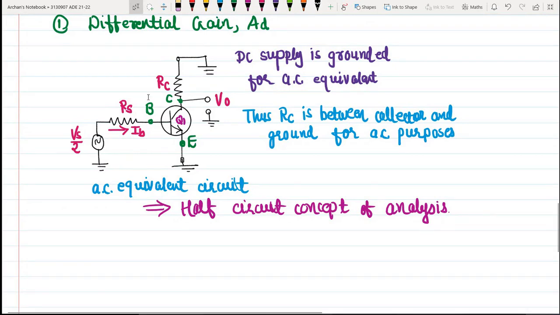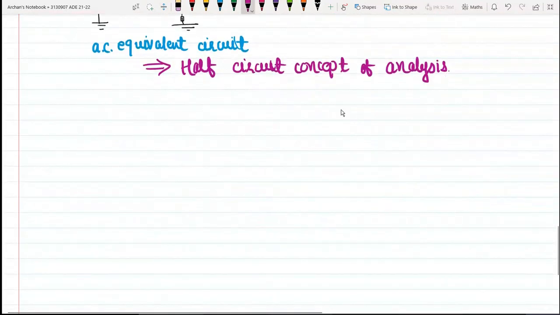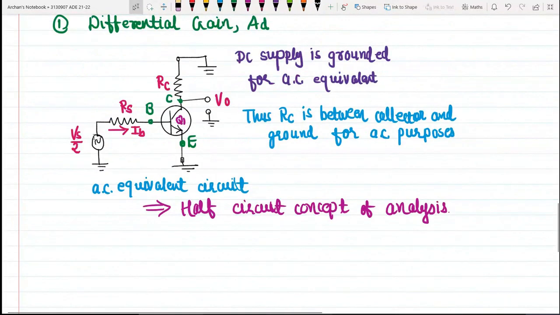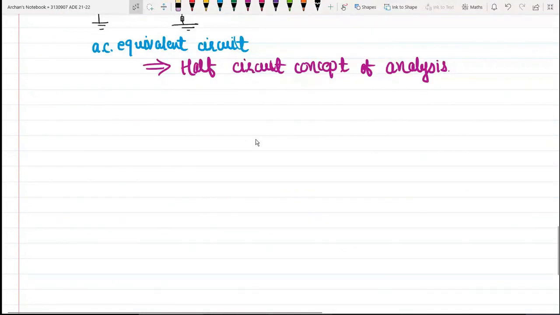So I am rearranging the things available in this circuit and replacing the parameters with hybrid parameters wherever applicable. Now we have this supply voltage Vs by 2. Let us start with the supply voltage first. This is my supply voltage Vs by 2, and this is grounded, right?